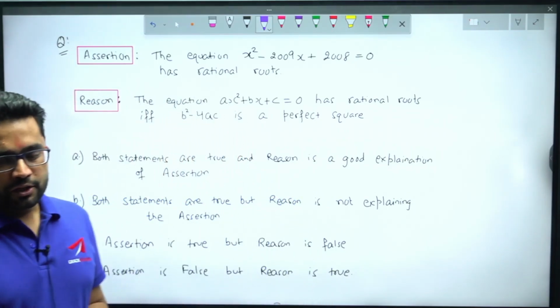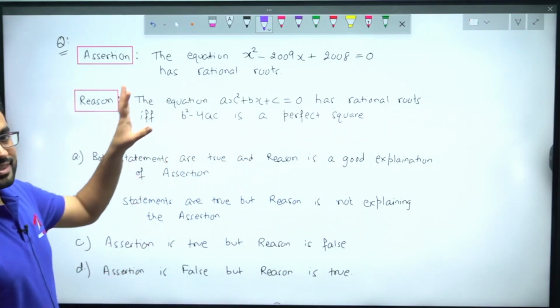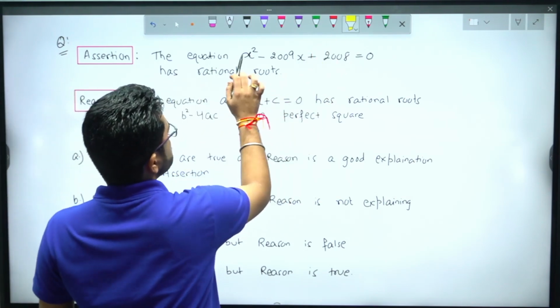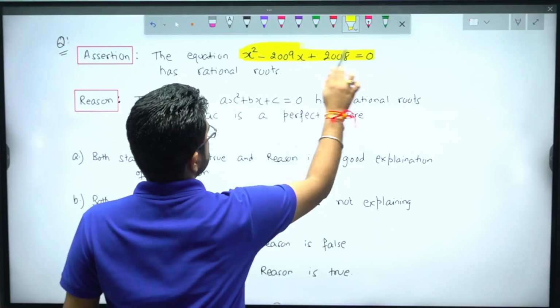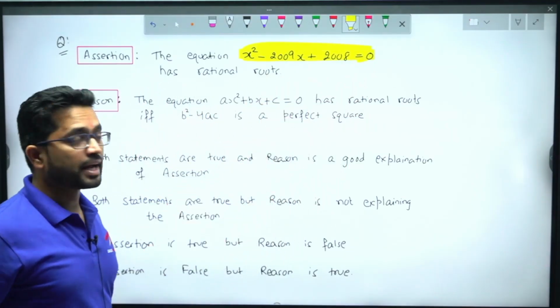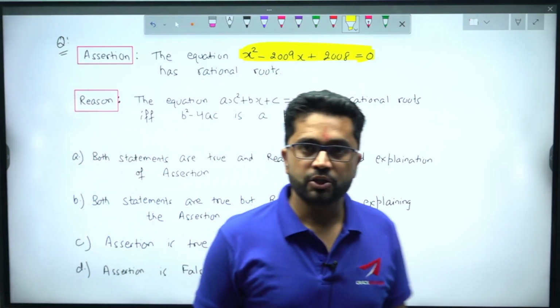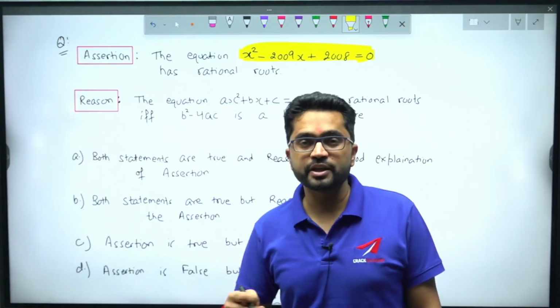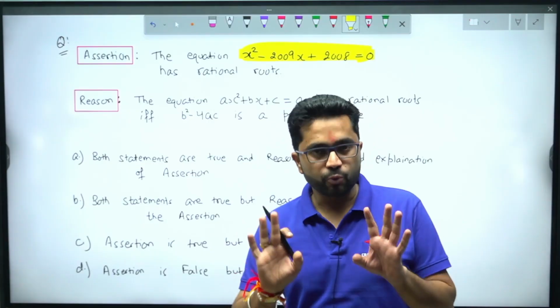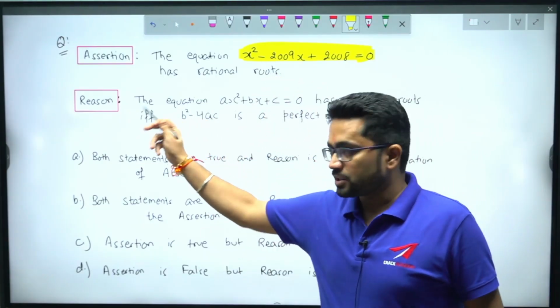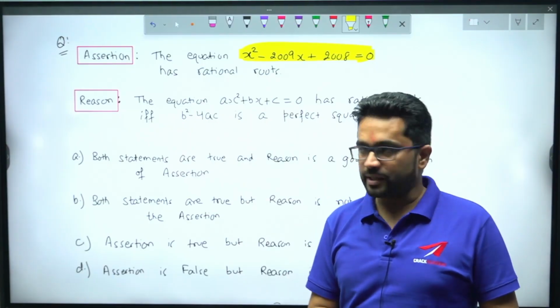If I simply look at the statements, the first one seems to be a very complicated one. The equation, these coefficients are very high, 2009, 2008, has rational roots. Do we need to check the discriminant? Do we need to solve this quadratic equation? Wait, the coefficients seem to be rational. Let's look at the next statement.